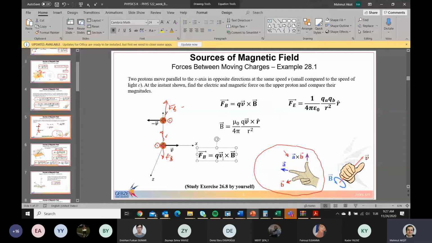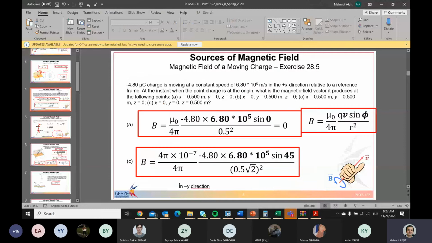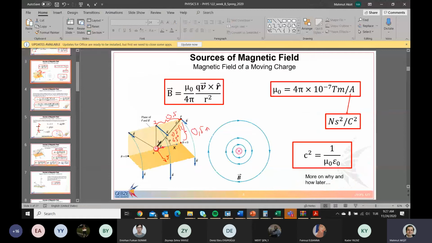Since we are interested in magnitudes only, and since there's no angle in between, we say F equals qvB, and B is this guy here. There will be a sine phi too, as you see here, but since phi is 90 degrees, they are just right on top of each other.